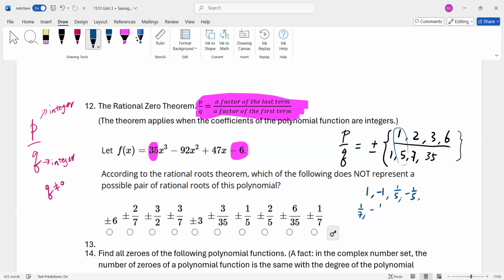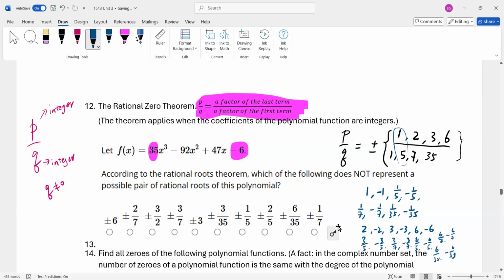Or 1 over 7, or -1 over 7, 1 over 35, -1 over 35, or 2 over 1, right? -2 over 1, or 3 over 1, or -3 over 1, 6 over 1, or -6 over 1, or 3 over 5, or -3 over 5, or 3 over 7, -3 over 7, 6 over 5, -6 over 5, 6 over 7, -6 over 7, 6 over 35, -6 over 35.